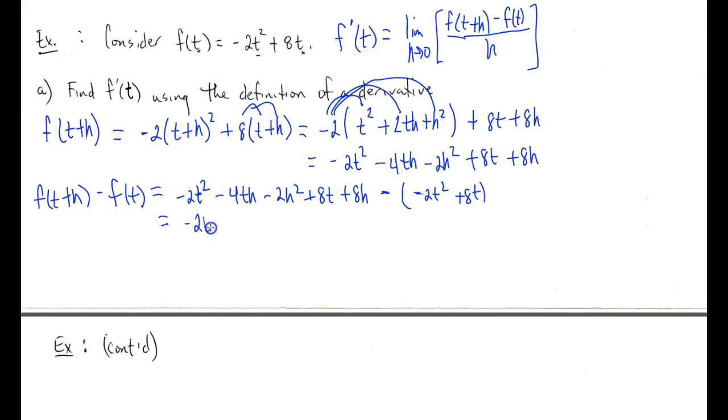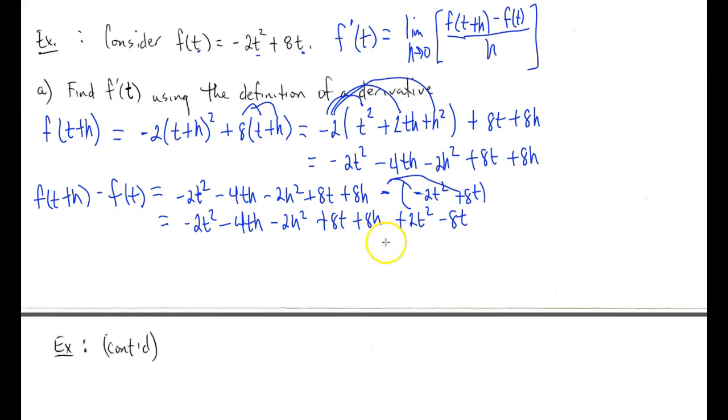So from there, what we're going to see is every term that does not have an h in it will eventually cancel out with another term. And so here you see that we distributed the negative to both terms there, which changed the signs of both of these terms.